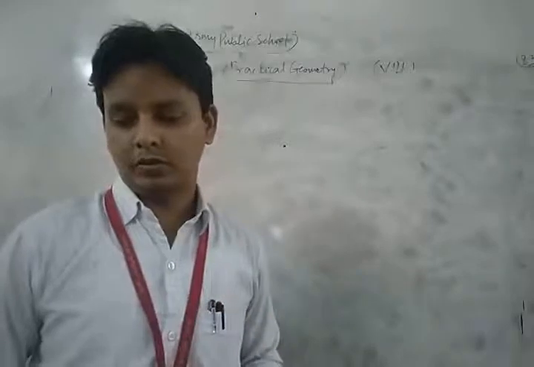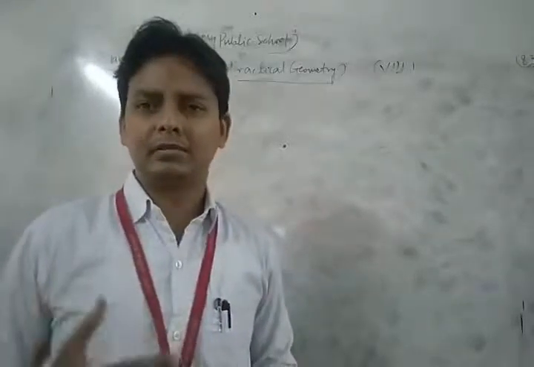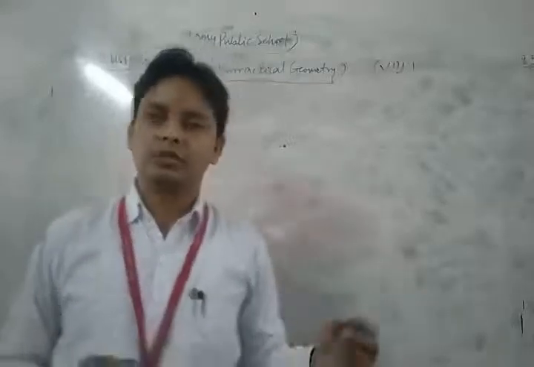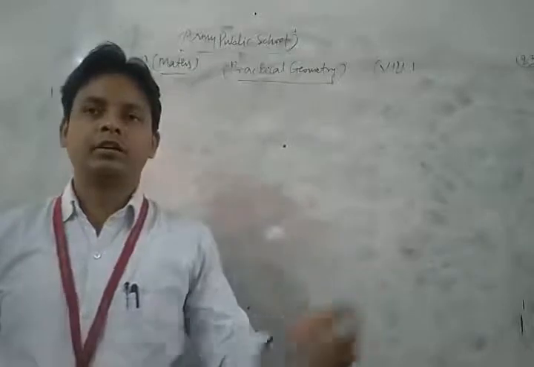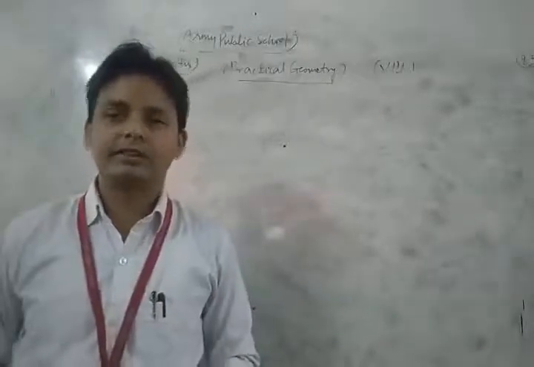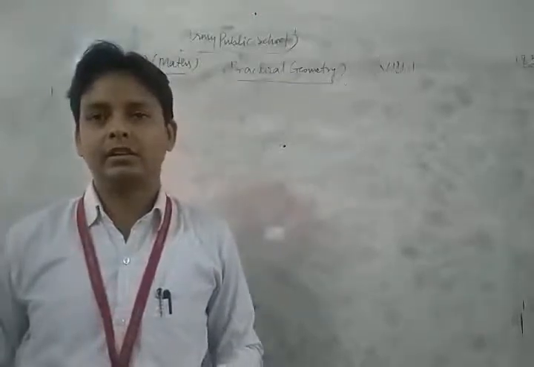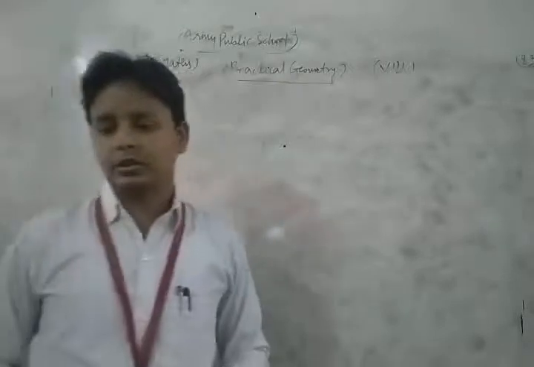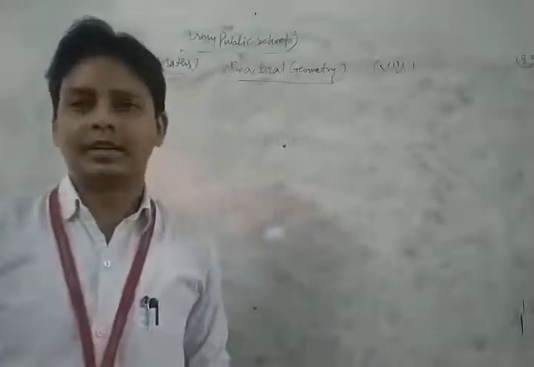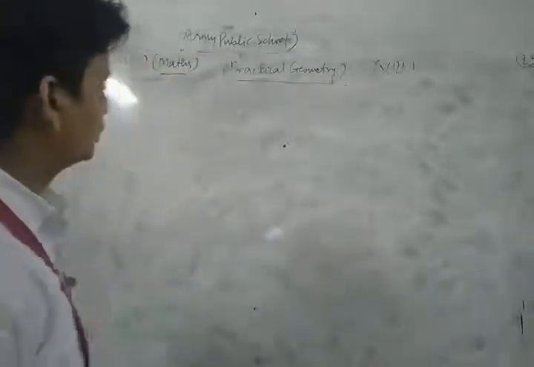Now dear students, in the previous class we discussed some important properties related to quadrilaterals like the parallelogram and rhombus, and we constructed them when all sides and diagonals are given. Now in this class we have to construct some important quadrilaterals in which one or two sides and some angles are given. Let us take some important questions and construct them.